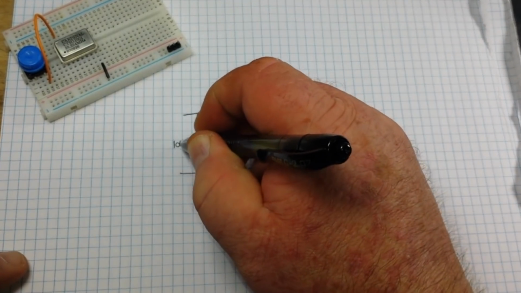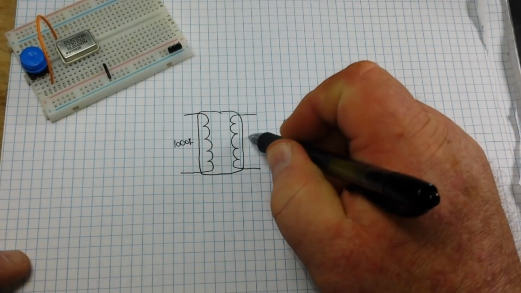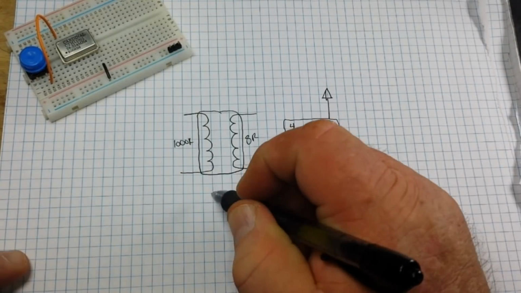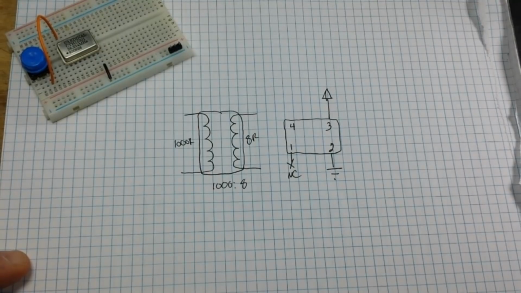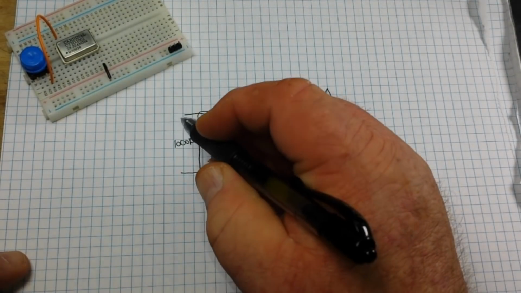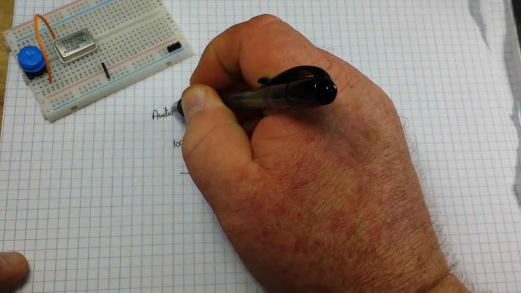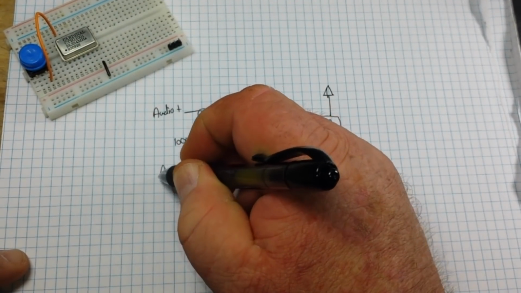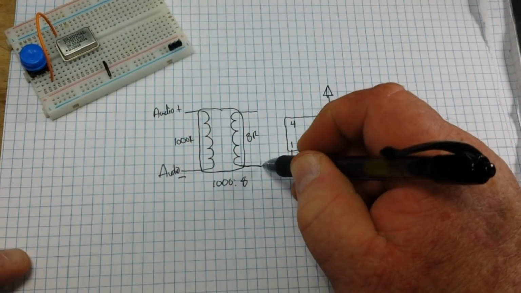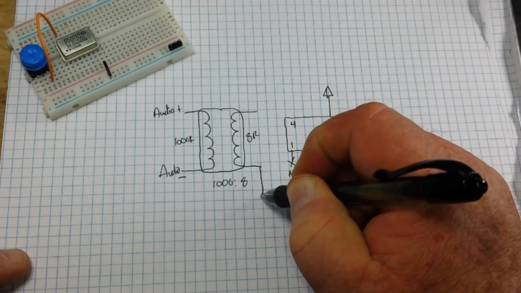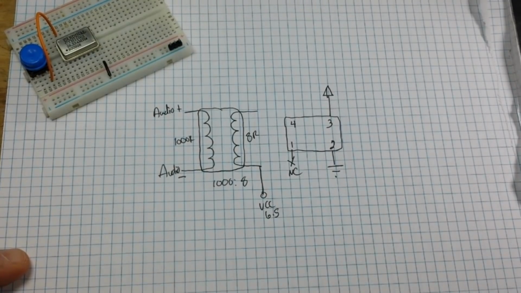So this side is going to be 1,000 ohm, and the other side is going to be 8 ohm. So it's a 1,000 to 8 transformer. We're going to have our audio incoming in here. There's our plus. There's our minus. And right here is going to be our VCC. In this case, it'll be 6.5 volts.